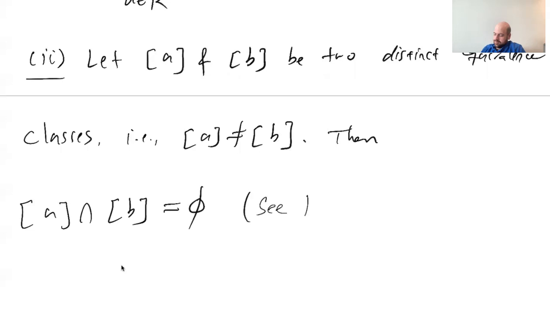In the remark we exactly said this, that if two equivalence classes are different, then their intersection is the empty set.